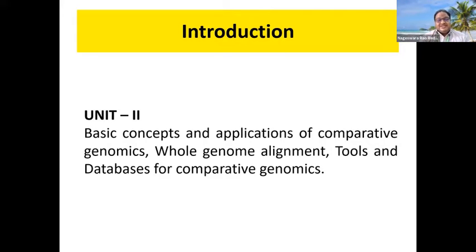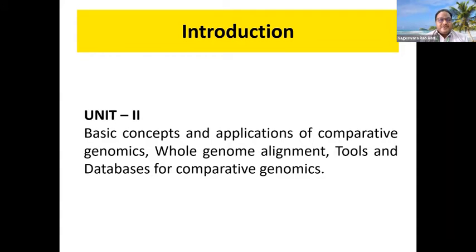This is actually based on the previous unit. We have seen how a genome is sequenced, assembled, and made available online from a database. So when we have multiple genomes with us, what can we do?